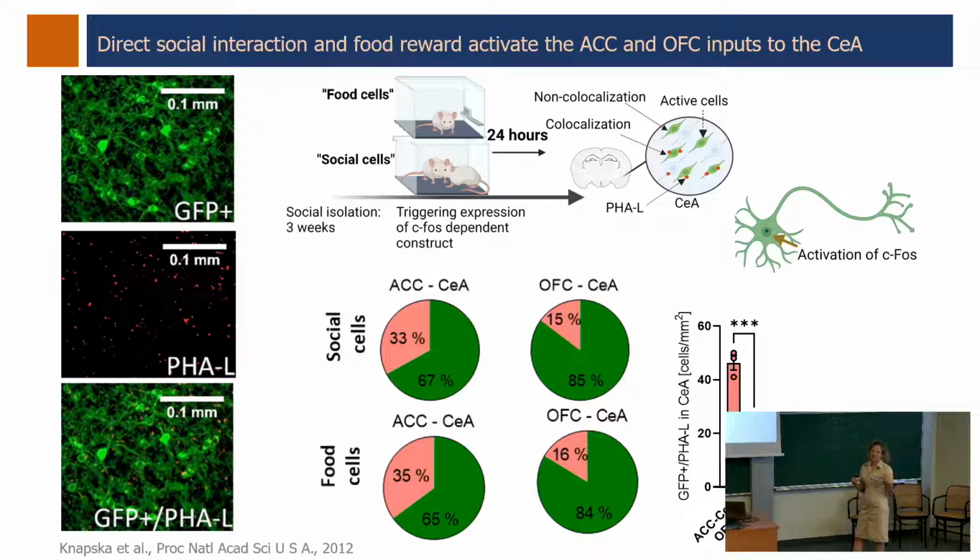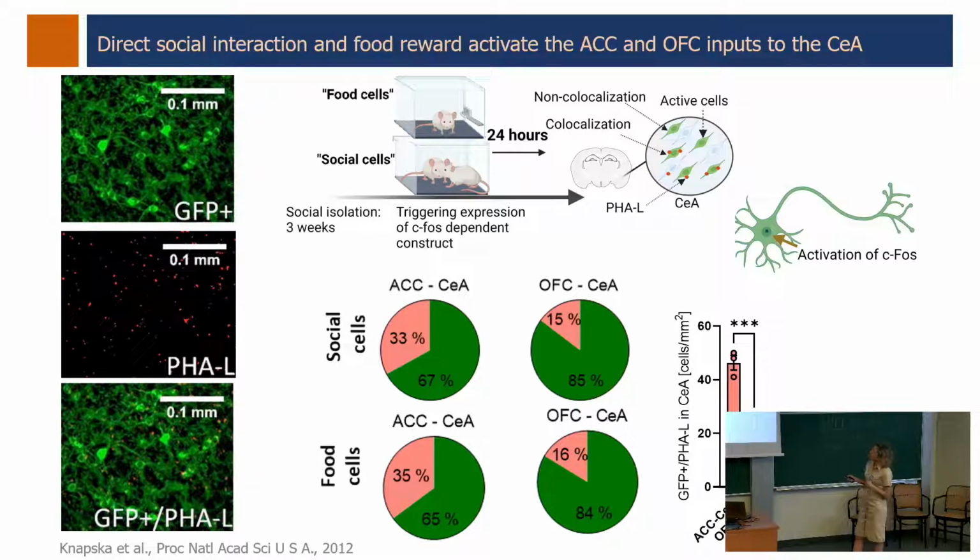So we see which neurons were activated, and the animals were injected with fluorescently labeled transport tracers, either to anterior cingulate cortex or to orbitofrontal cortex. Then we analyzed how many neurons that are activated receive the projections.